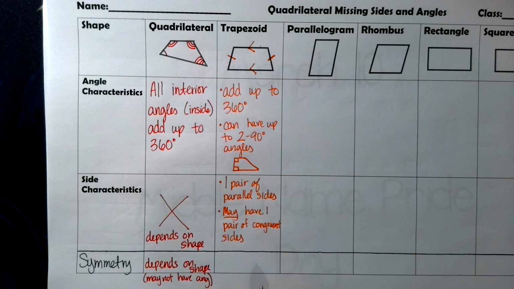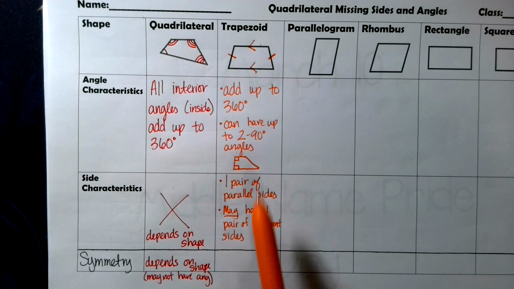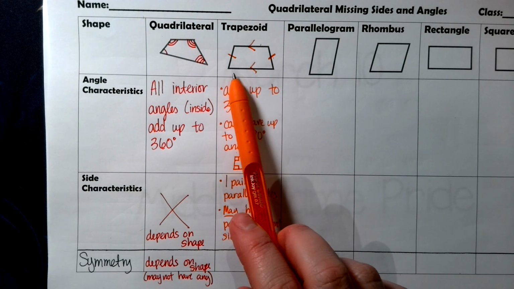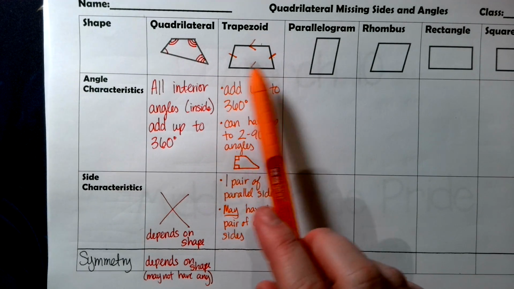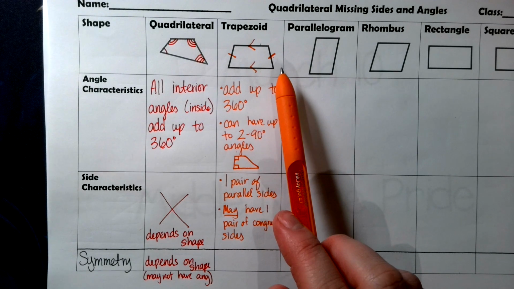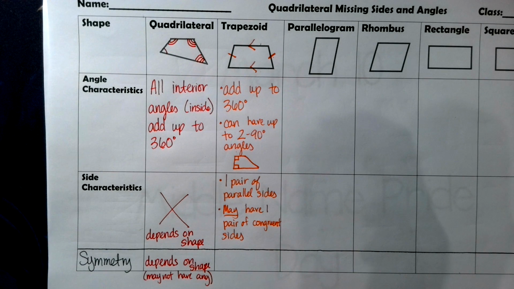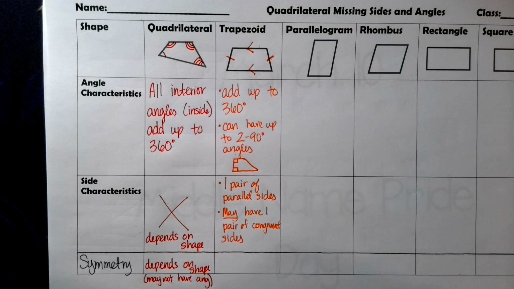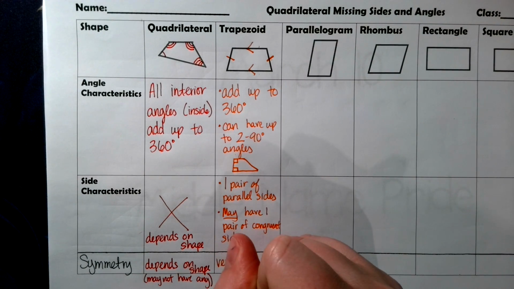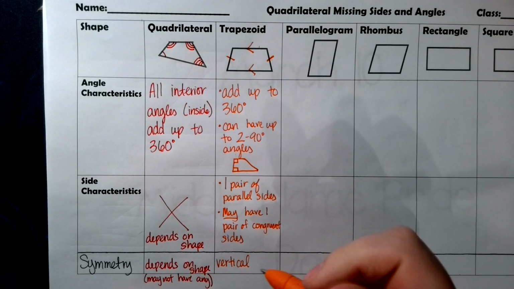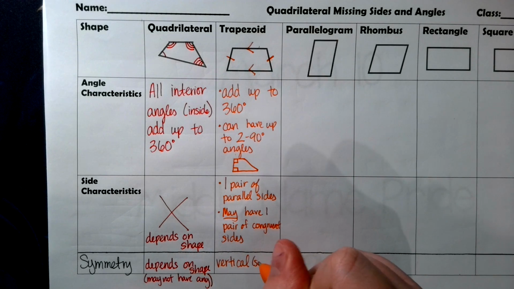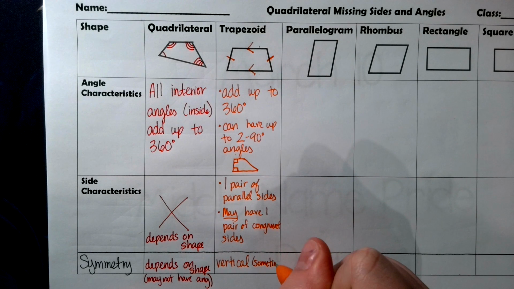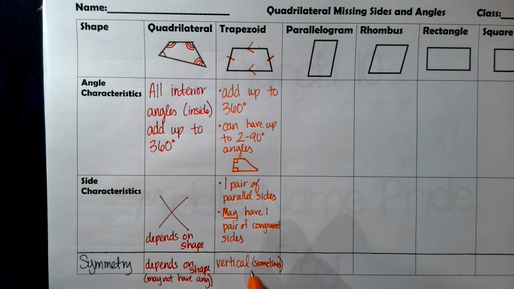If they have that one pair of congruent sides, that means they have symmetry. Sorry, not parallel sides, those congruent sides. If they do not, then there's no symmetry. But if they do, that means it would have vertical symmetry.